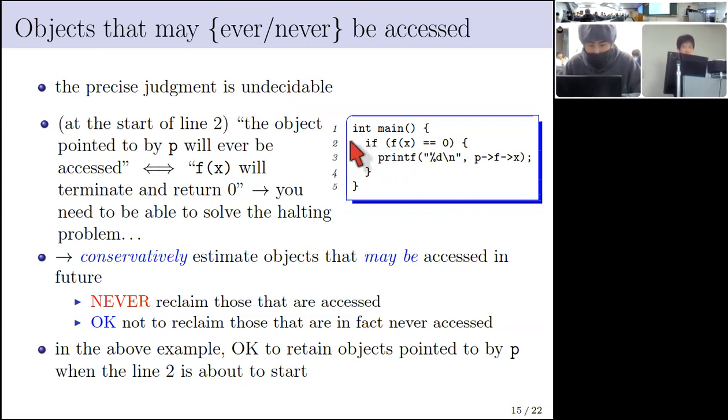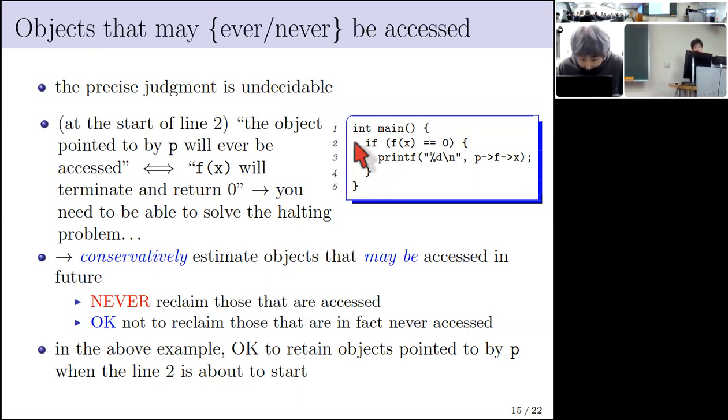So imagine that you are right before executing the second line of this program, right before this if statement, and ask if the object or the memory block pointed to by this pointer p should be retained or not at this point. So we are essentially asking if this expression is going to be evaluated before executing this second line.